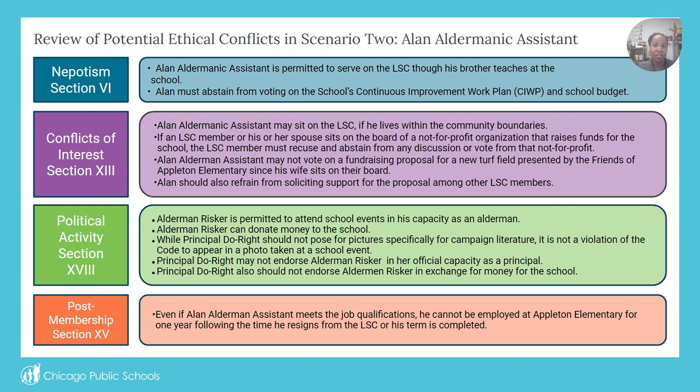Again, very natural, as long as they are not soliciting or promoting campaign literature. Principal Do-Right may not endorse Alderman Risker in her official capacity as a principal. Also, she should not endorse Alderman Risker in exchange for money for the school, as that would be an ethical violation.